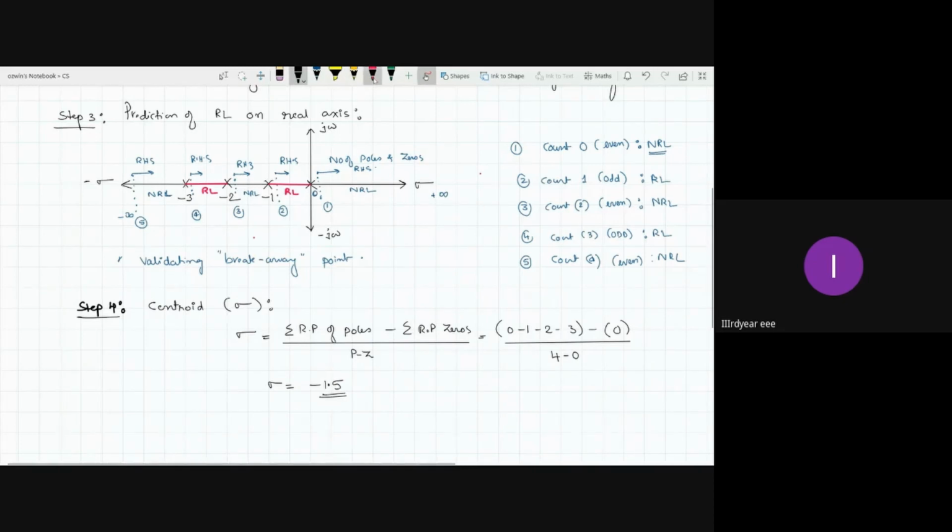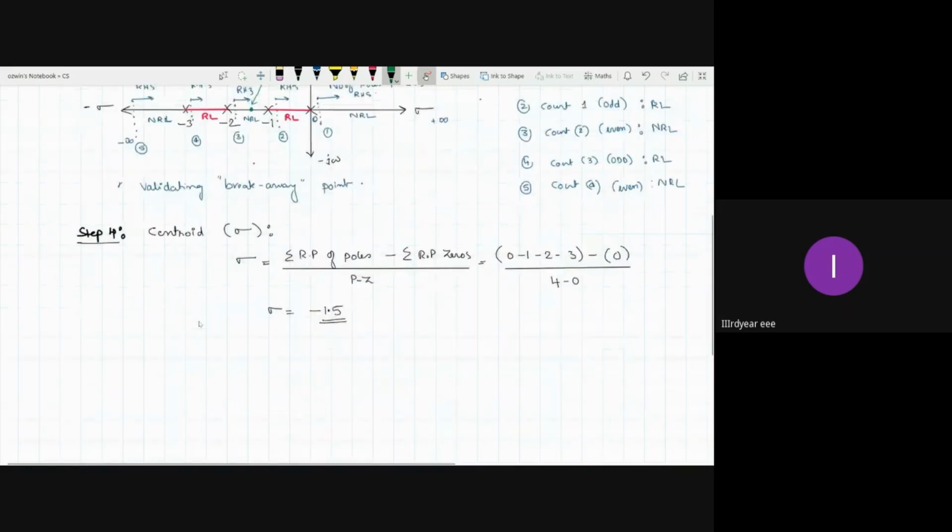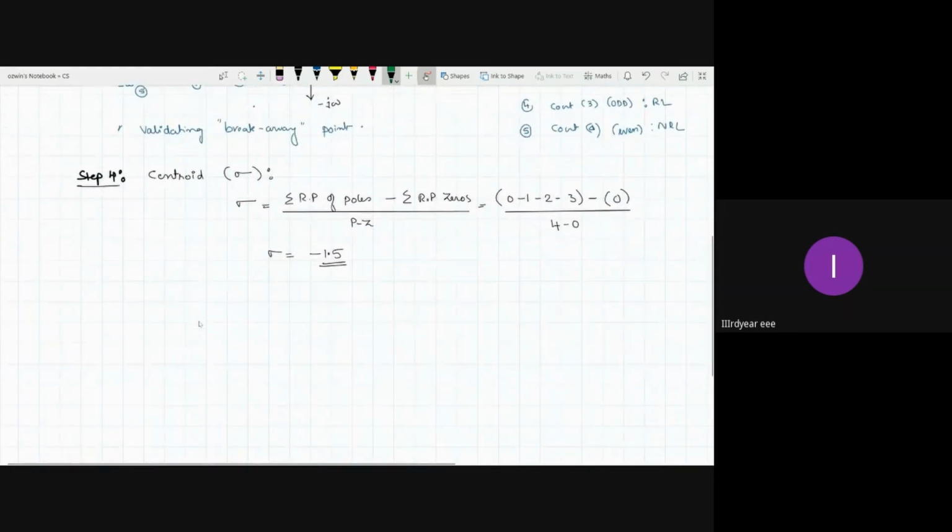What I'm trying to tell you is that over here, sigma equal to -1.5 is present. Taking that point as the reference, you are supposed to draw the asymptotes.